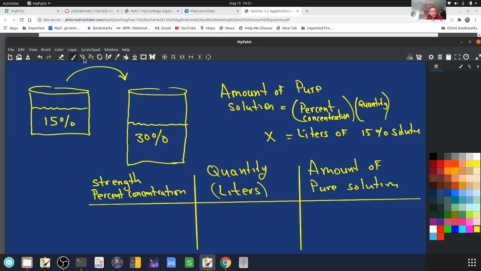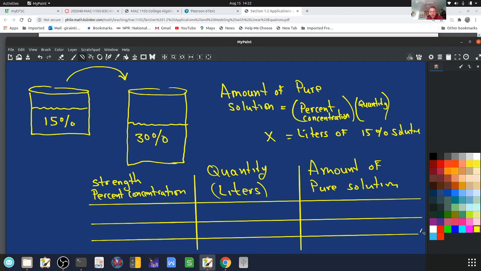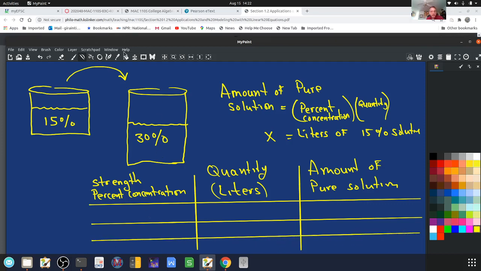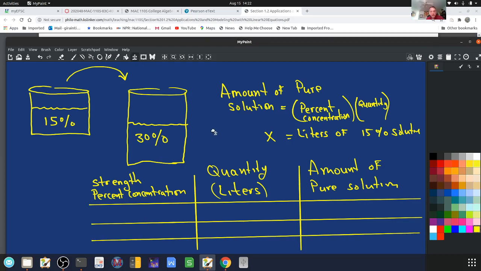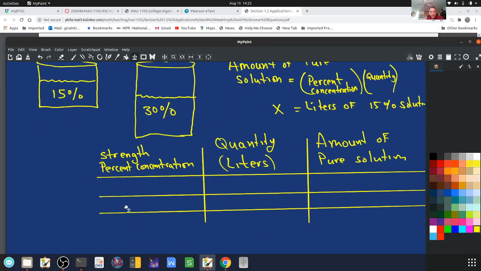So let's add some things here. I have a 15% concentration, a 30% concentration, and my final concentration I want to be 20%. That's my final concentration.